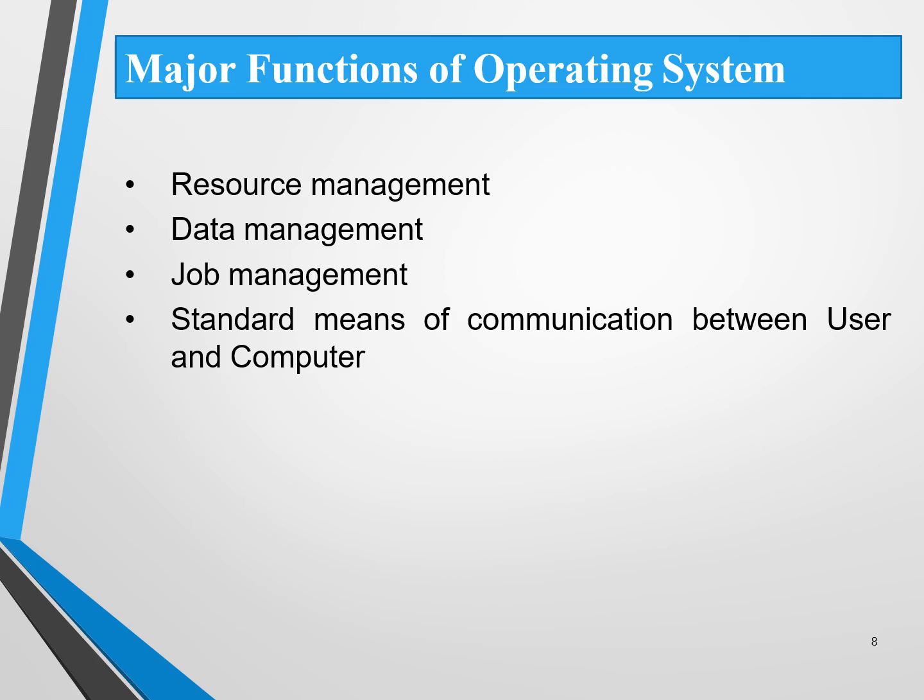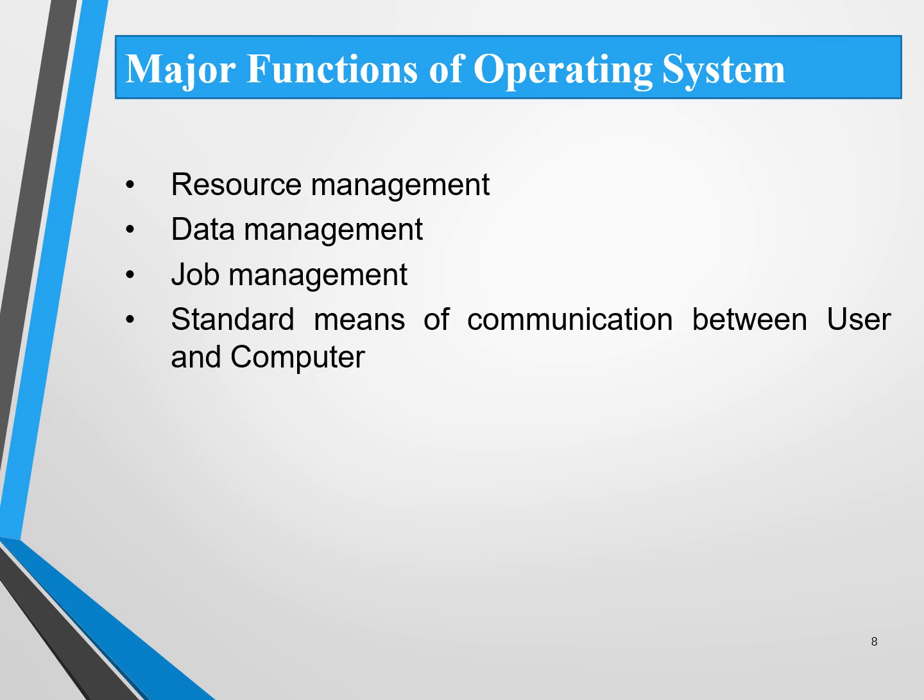The next function, job management. The job management function of an operating system prepares, schedules, controls, and monitors jobs submitted for execution to ensure the most efficient processing. A job is a collection of one or more related programs and their data.